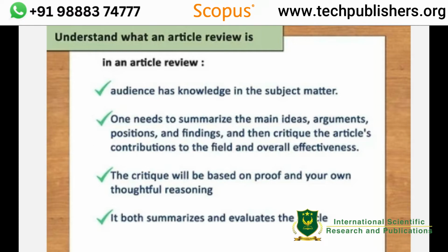Article reviews present more than just an opinion. You will engage with the text to create a response to the scholarly writer's ideas. You will respond to and use ideas, theories and research from your studies, based on proof and your own thoughtful reasoning.